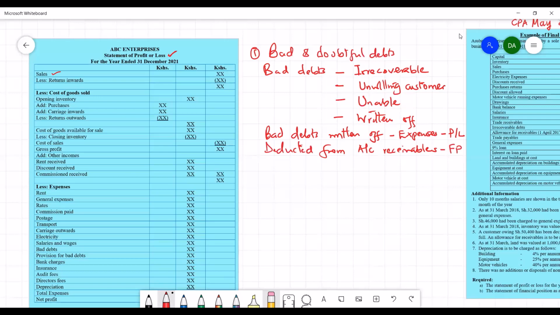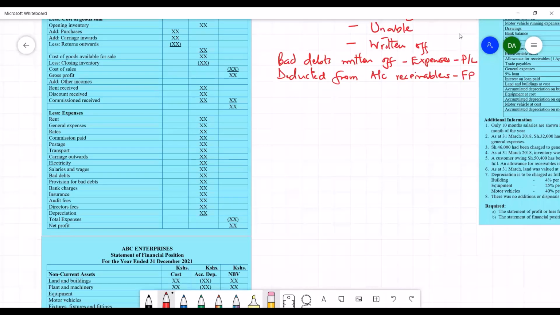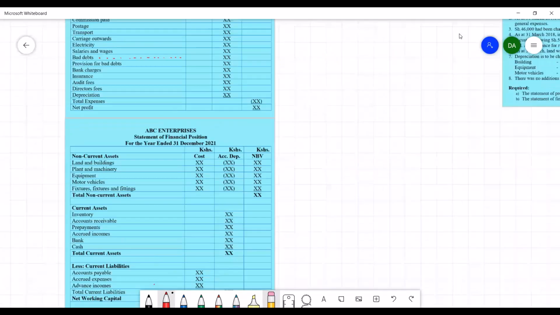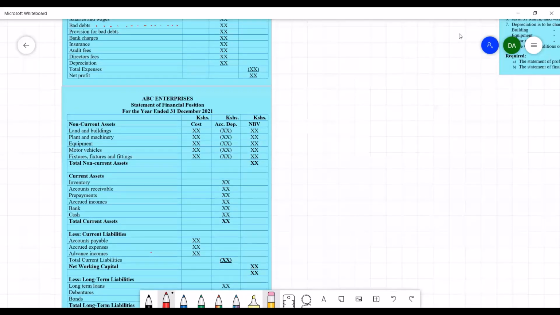Therefore, in the statement of profit or loss, bad debts are reported under the operating expenses as one of the expenses if bad debts have been written off. And the bad debts written off need to be deducted from the receivables. Accounts receivable here will be less bad debts, which have been written off.